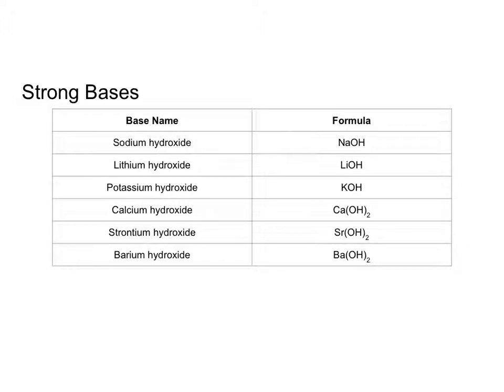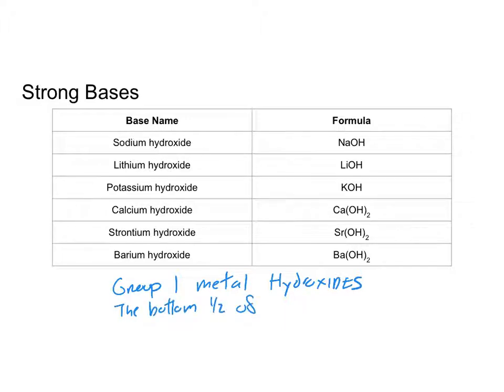Basically, the strong bases are group 1 metal hydroxides, and the bottom half of group 2 metal hydroxides. Okay, so everything else would be considered a weak base. So like if your transition metals, transition metal hydroxides like iron 3 hydroxide would be a weak base, but it's still a base nonetheless.